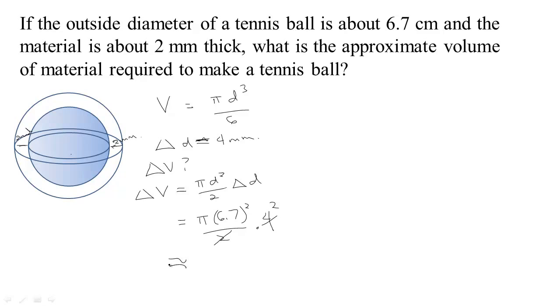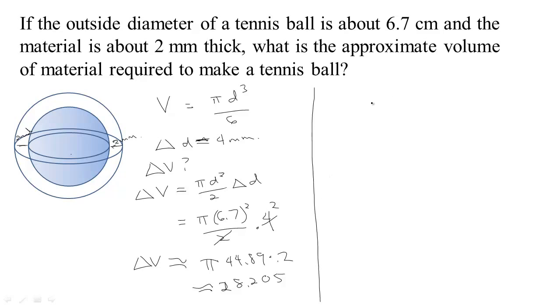So we find that the approximate volume of material is going to be pi times 6.7 squared, which is 44.89, times 0.2. If I calculate that, using pi here, we get about 28.205 as the volume.